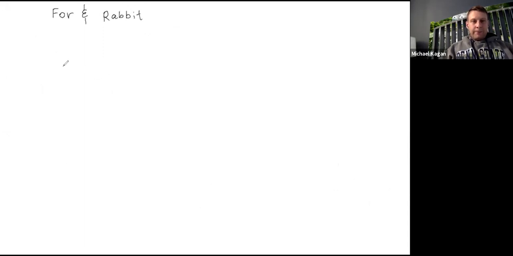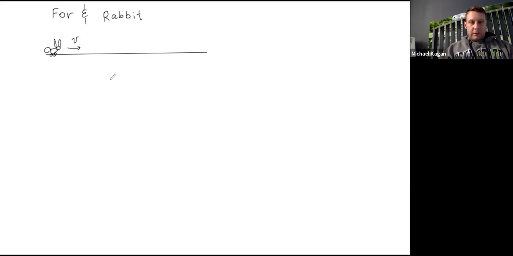And there are different modifications of this problem. I'll start with the simpler one. So imagine a rabbit running down the road with a constant velocity v. And there is a fox hiding in the bushes somewhere on the side of the road.